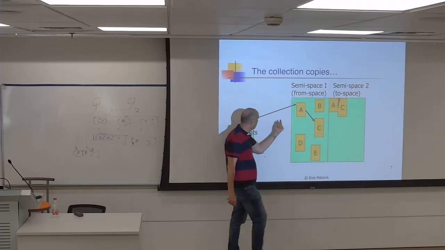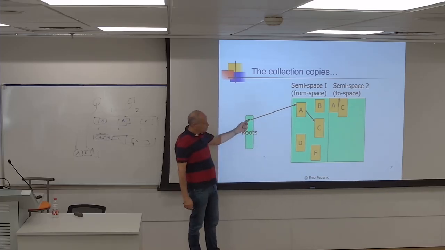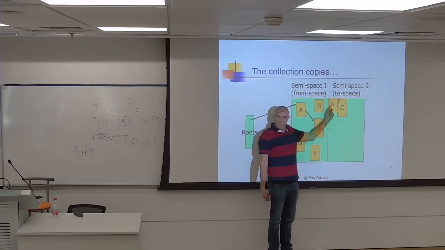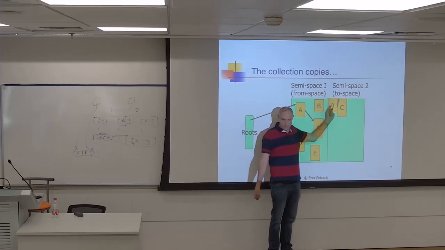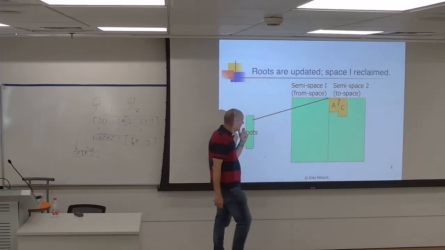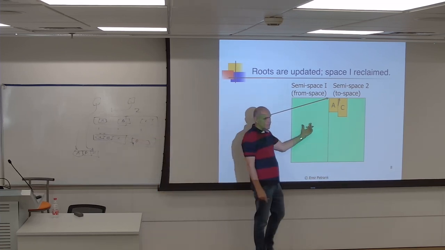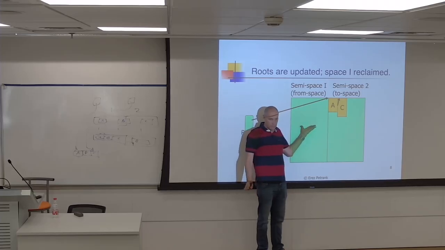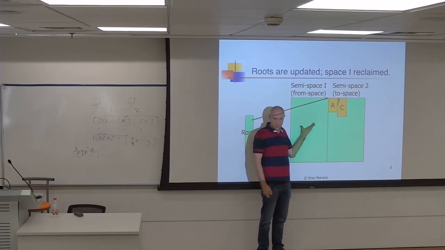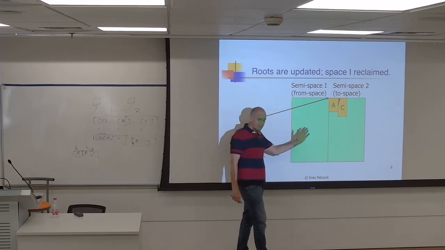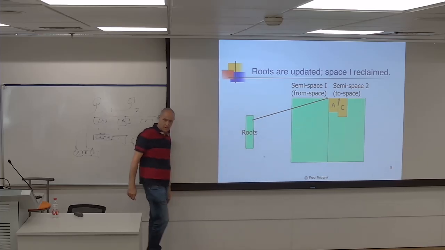And finally, we're going to fix the root pointer to point to the two-space copy, and then we're done and the program can start running again. And now the first semi-space will not be used. It will be reserved for the next collection.